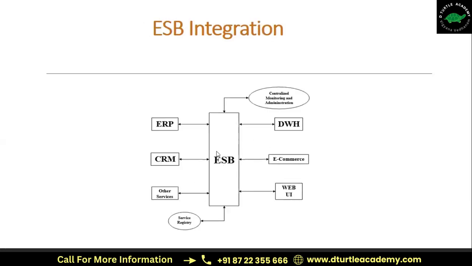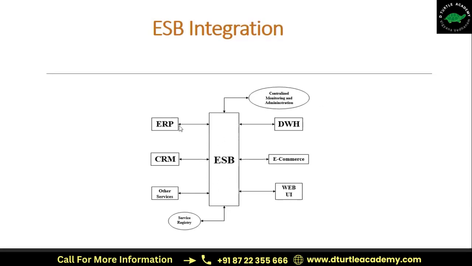In ESB architecture, we follow API-led connectivity. We divide it into orchestration, so it is easy to handle errors and any additional features coming in future. For the ERP system, CRM system, and other service systems, the enterprise service bus provides centralized monitoring and administration. It takes care of all those things.